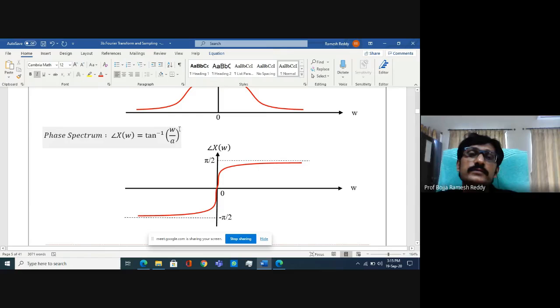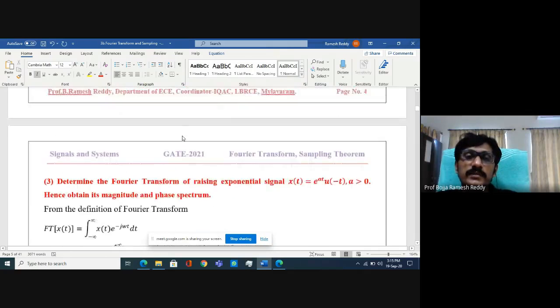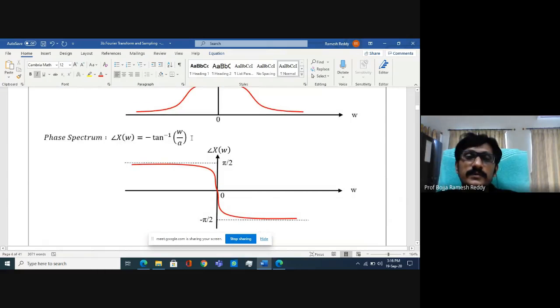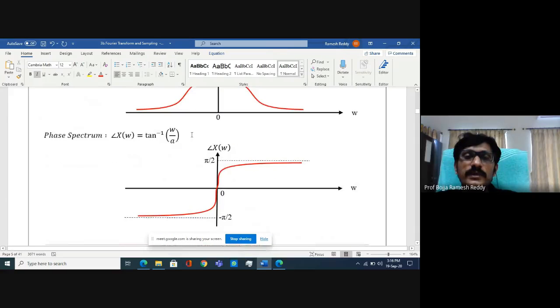Minus of minus becomes plus. That's why it is tan inverse of omega by a. See the difference between the previous spectrum and this spectrum. This is the previous spectrum, minus tan inverse. Now it is plus tan inverse. That's all. Left becomes right, right becomes left.